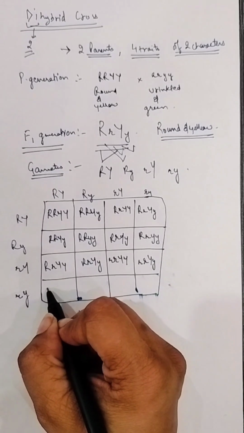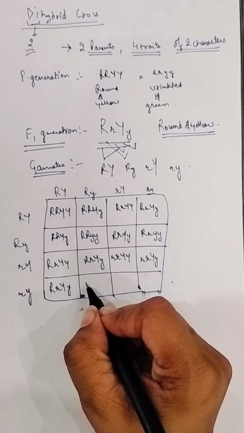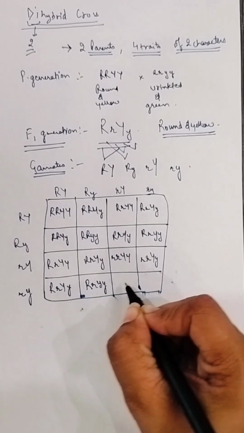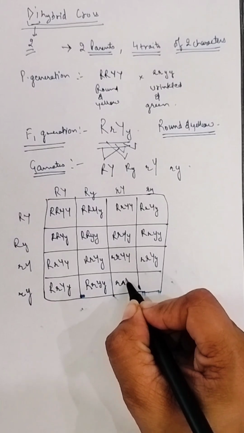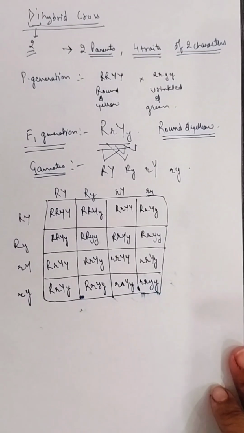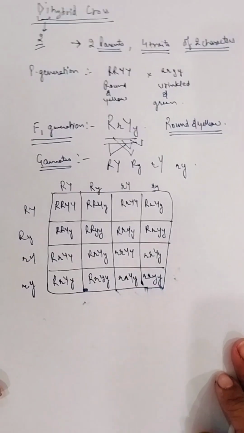So like this, we have to take out different genetic recombinations, and we will get total 16 offsprings in it. These 16 offsprings will be having different genotypes.